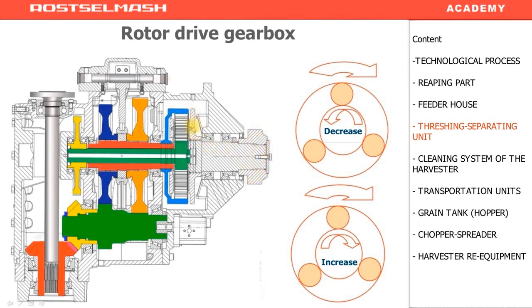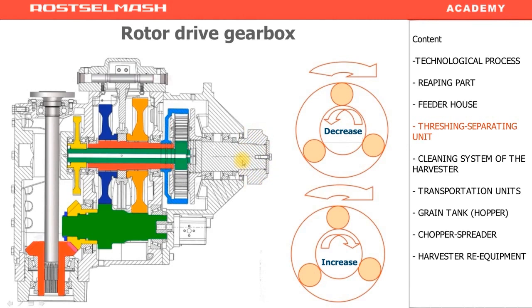This plate is put on the satellites, which have got small axes. The plate is put on these axes. Depending on the speed of the satellites, the speed of the plate will change. In its turn, the plate is engaged with the output gear. As a result, we change the rotation speed of this gear and the rotor.